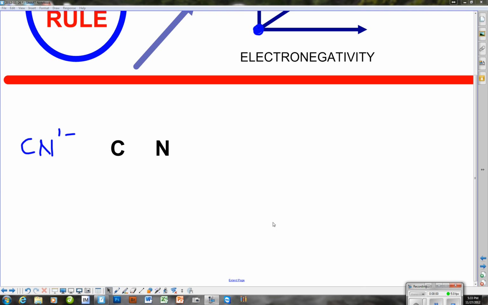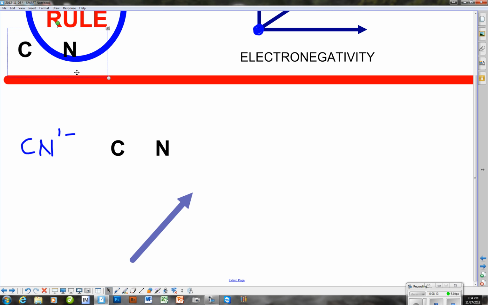So the first thing we do is we draw our carbon and nitrogen in their relative positions, and then we're going to put them in a second time, only this time when we put them in, we are going to put them together.